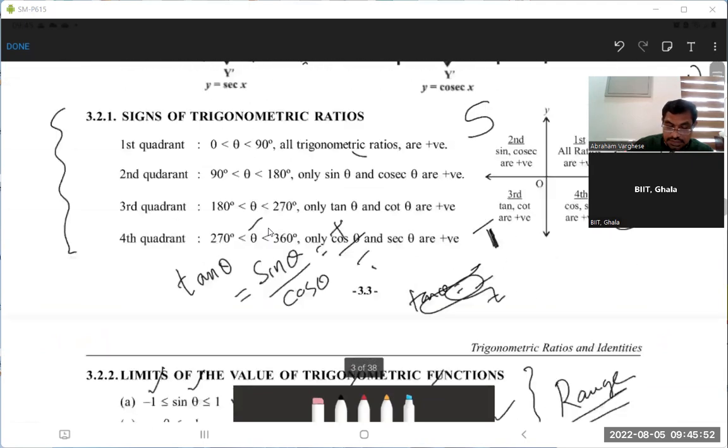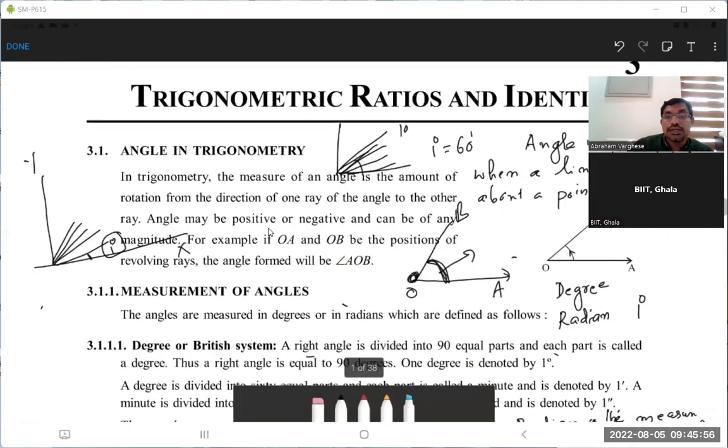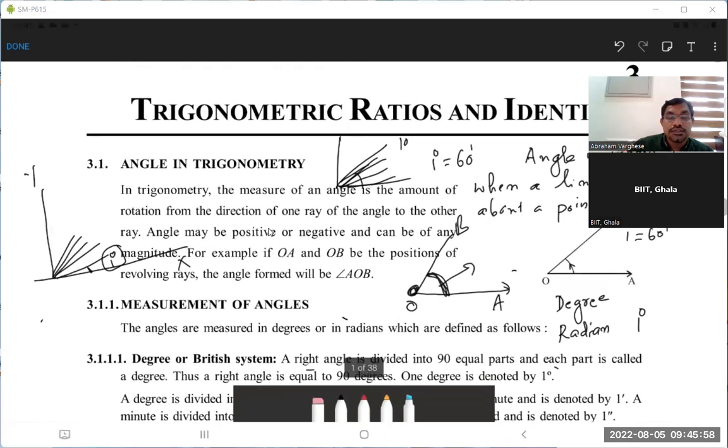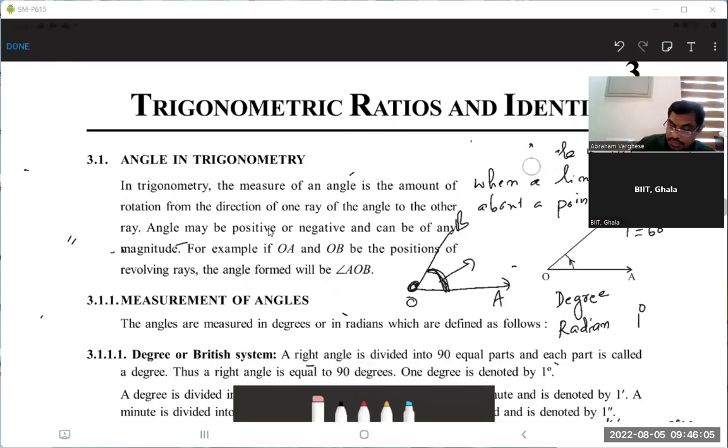So just see what are the things we discussed. This material I will upload. I think it is there or not, I don't know. I'll check it in the Moodle so that you can download and take a printout and keep it with you.